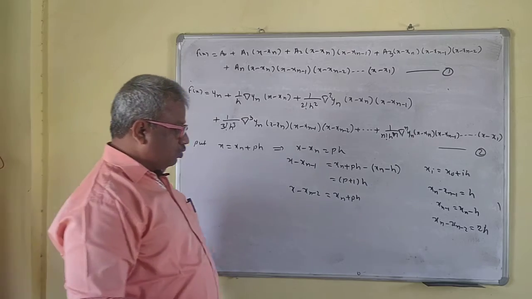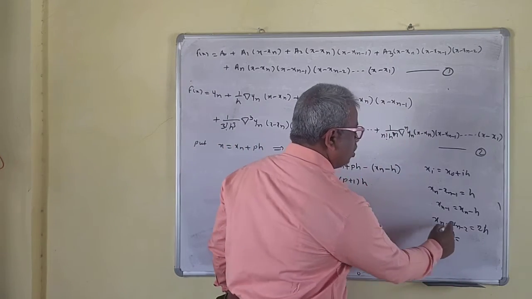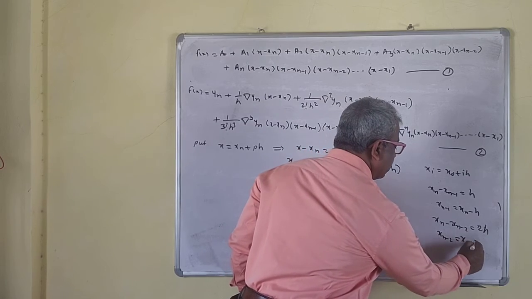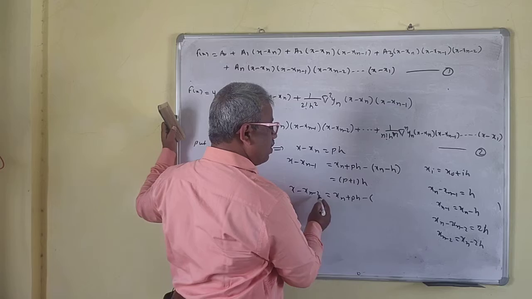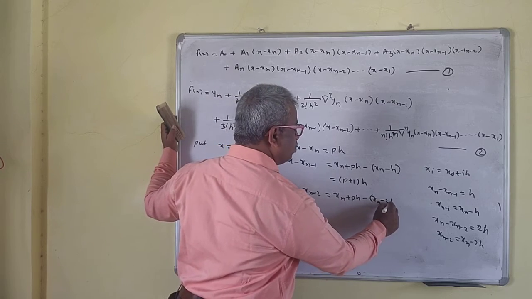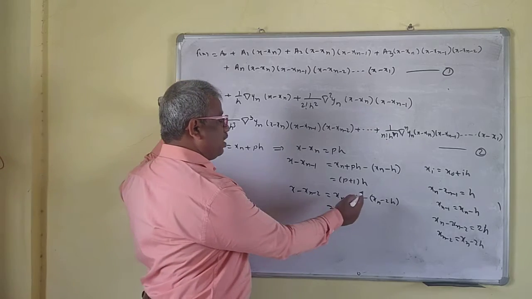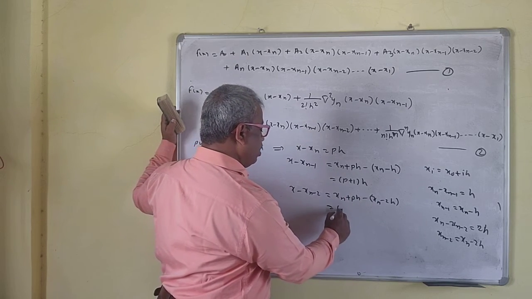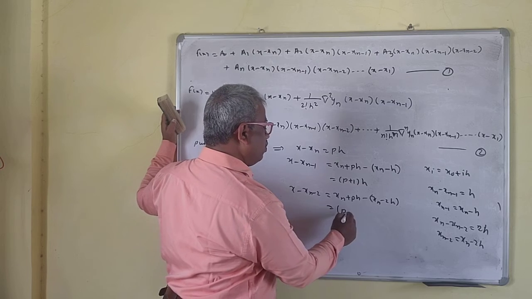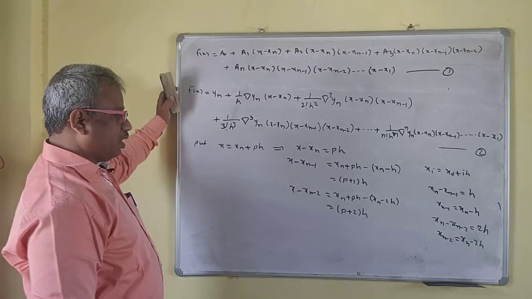So xn gets cancelled and minus becomes plus. You can take h common also. So what we get there is p plus 2 times h, and so on.